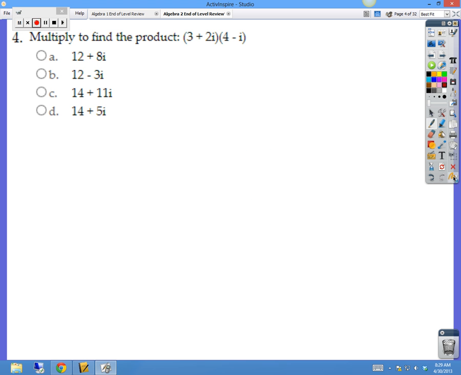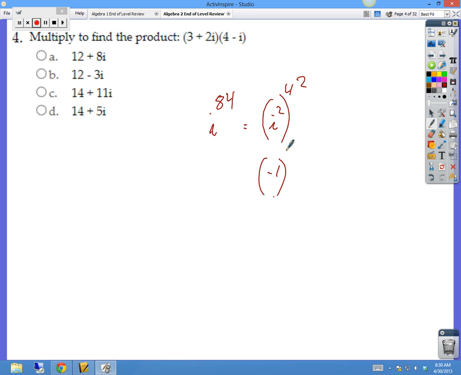Let's do another one. What if you have i to the 84? Okay, how many squares are in there? How many squares are in 84? So i squared to the 42. So i squared, trade i squared for negative 1.